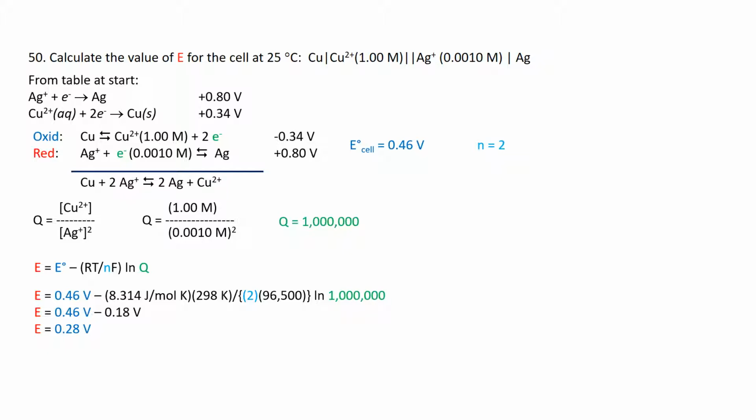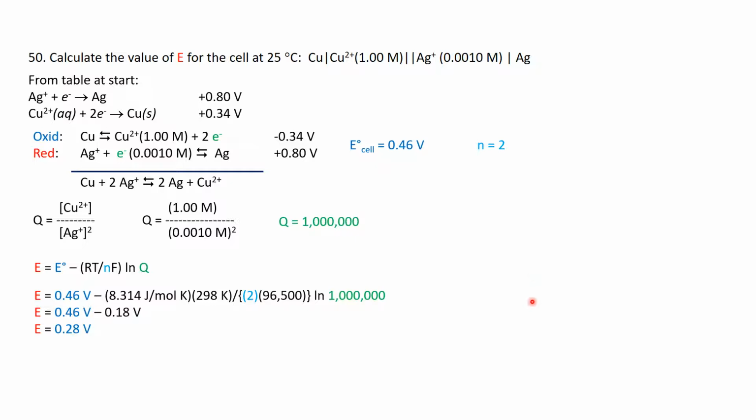Now you can actually think about that in terms of the reaction line. I should have actually put this in a slide, but bear with me. Reaction line going like that. At standard state, we start here at Q equals 1. We're going to go over here to equilibrium, and the potential associated with that is 0.46 volts.